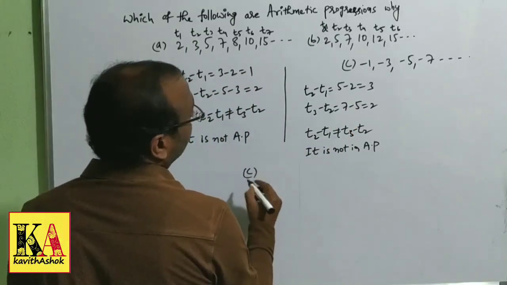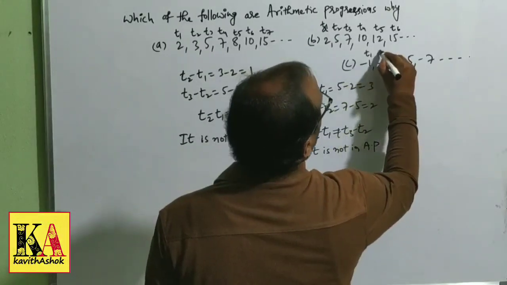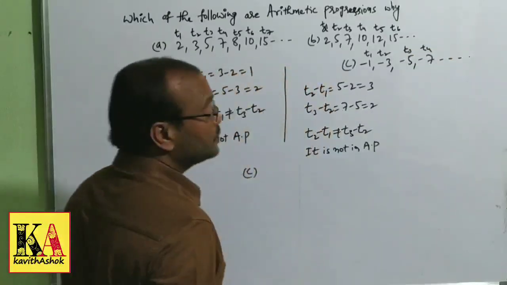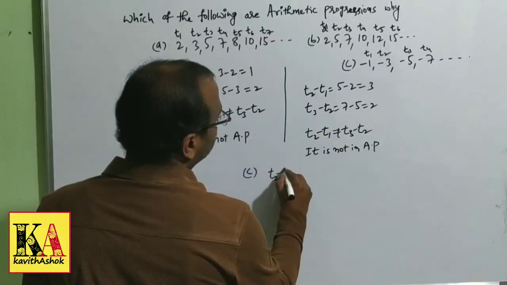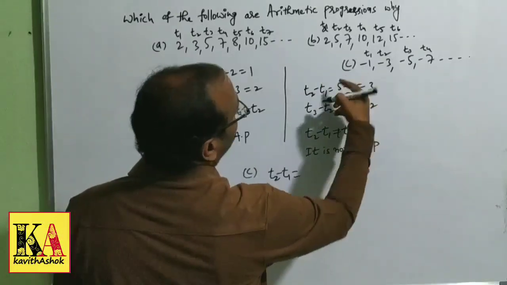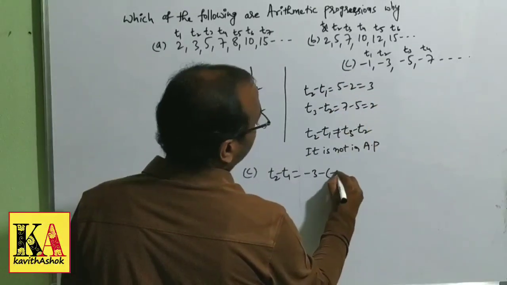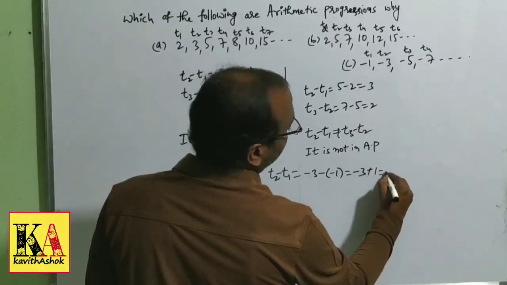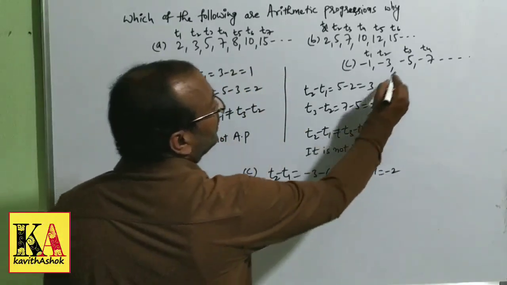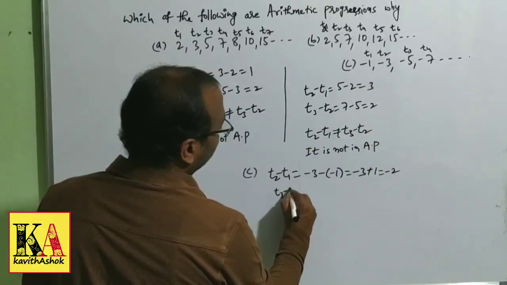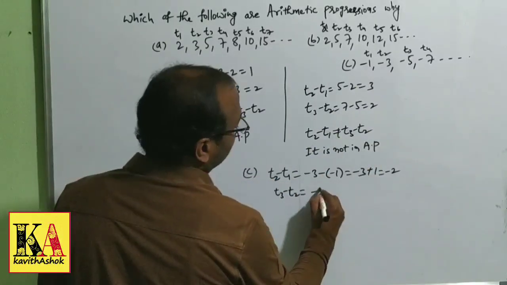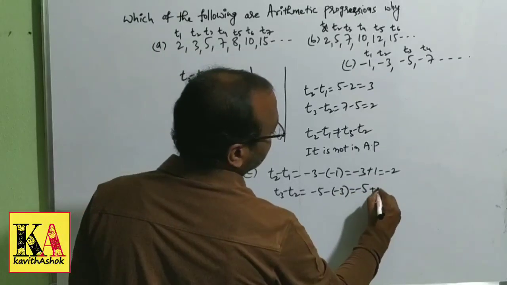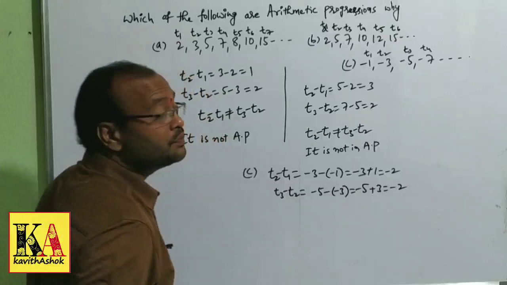Finally, the third problem. Again, this is T1, T2, T3 and T4. T2 minus T1 is minus 3 minus of minus 1. Minus 3 minus of minus becomes plus 1, that is equal to minus 2. Next, T3 minus T2, minus 5 minus of minus 3, again equals minus 2.